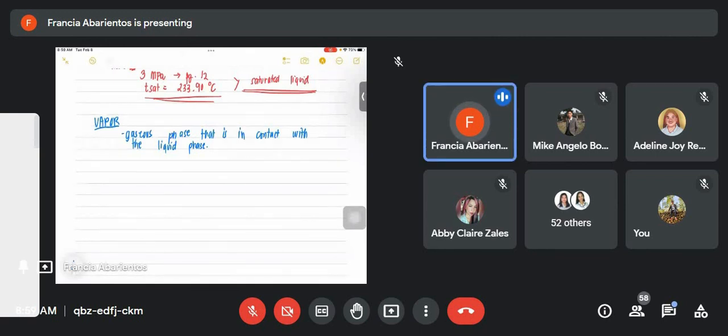Okay, so the vapor, the gaseous phase that is in contact with liquid phase.